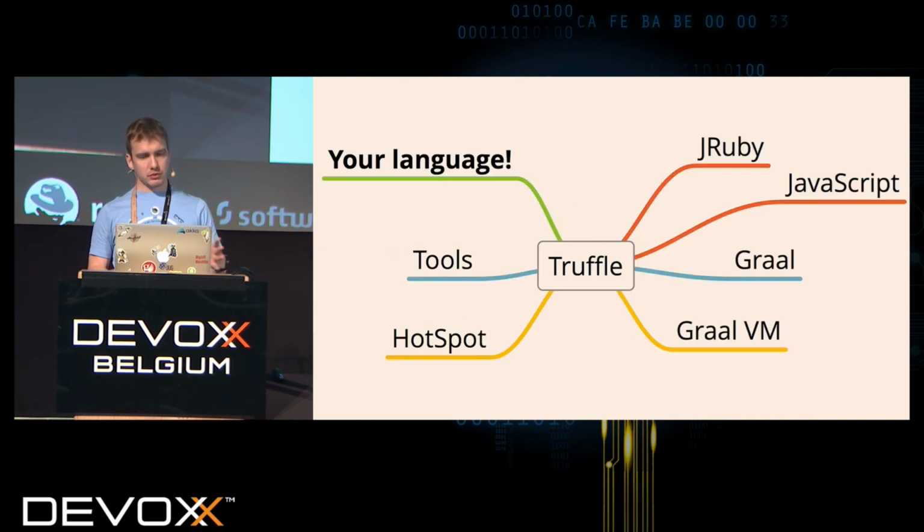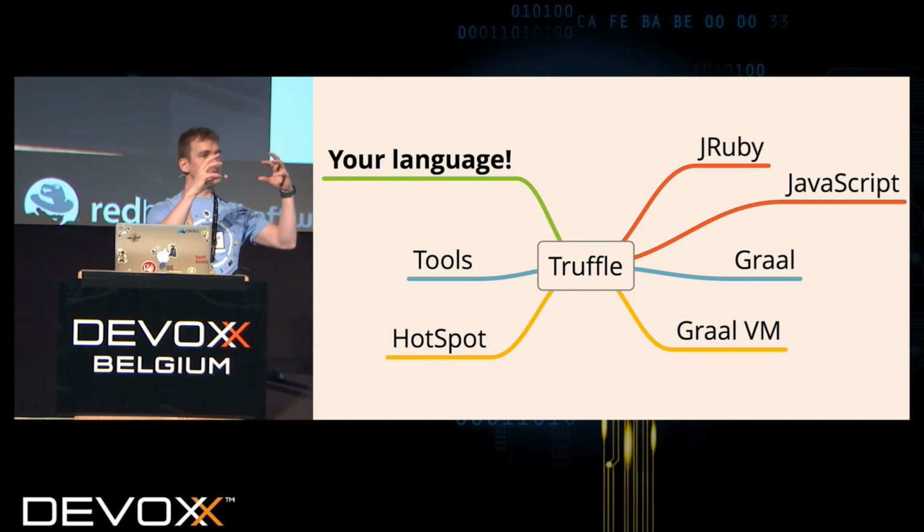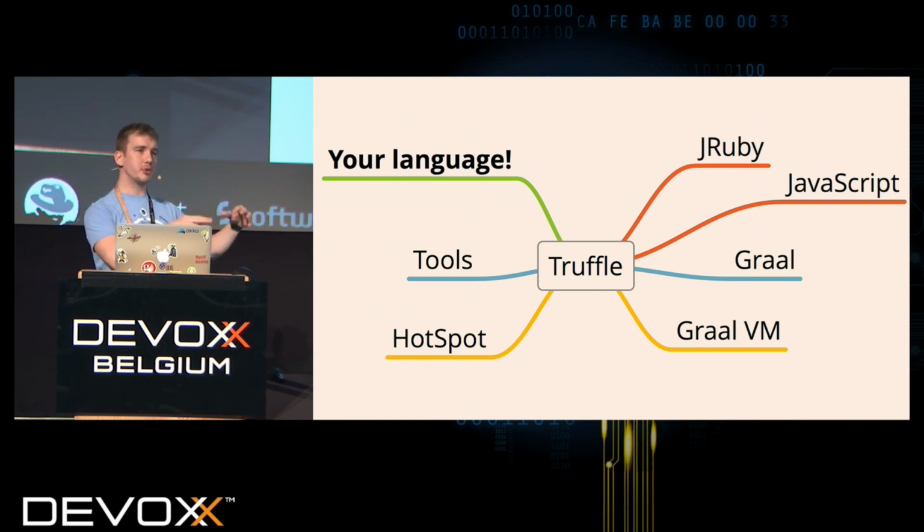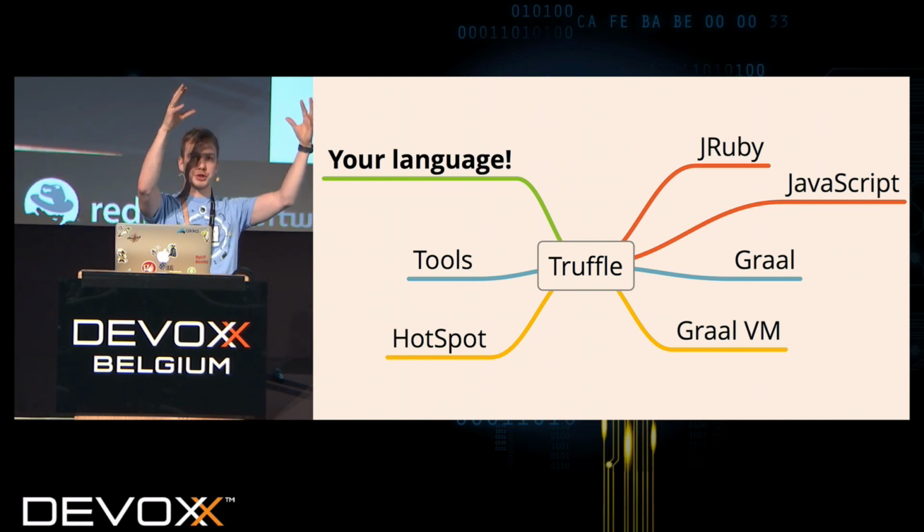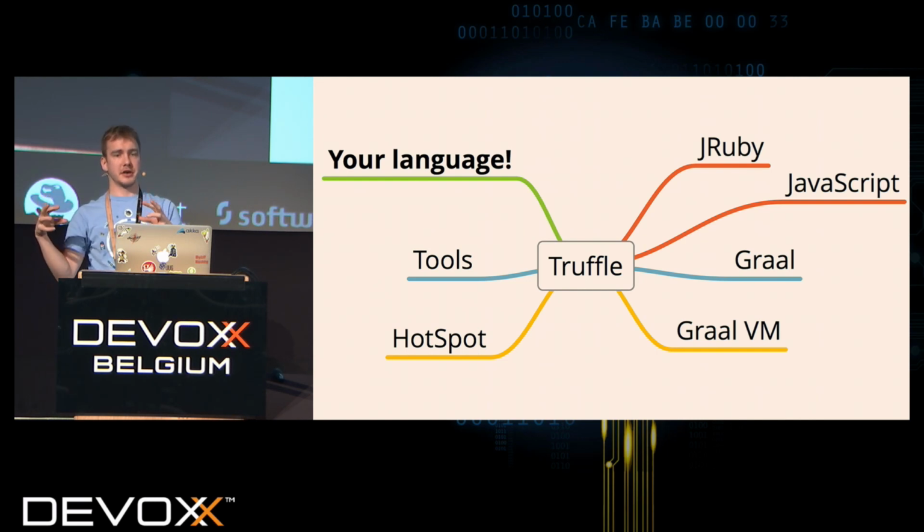So there are multiple implementations of languages that run on Truffle with Graal, but the thing is, if you look at this spider diagram, mad Photoshop skills by me, Truffle sits in the middle of this whole ecosystem. So on one part of that, you have the virtual machine, either HotSpot or Graal. You have the compiler. You have different tools. And on the other part, on top of that, you have the languages. So it separates the language from the underlying architecture.